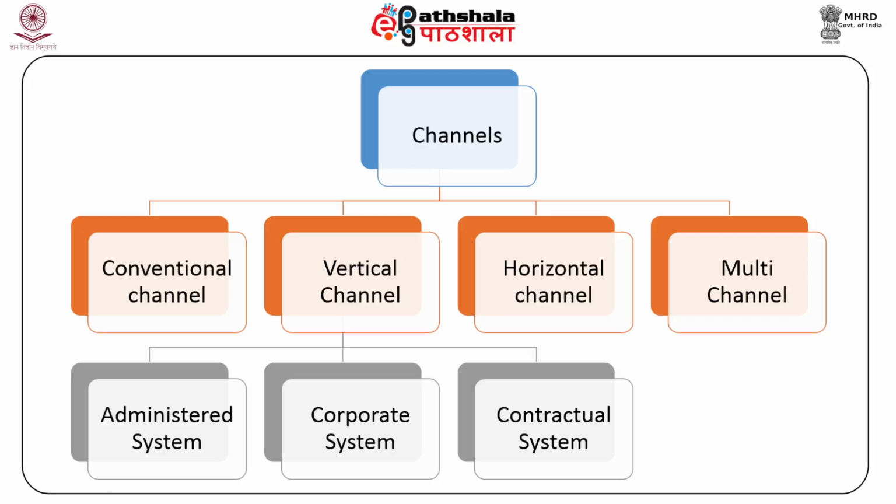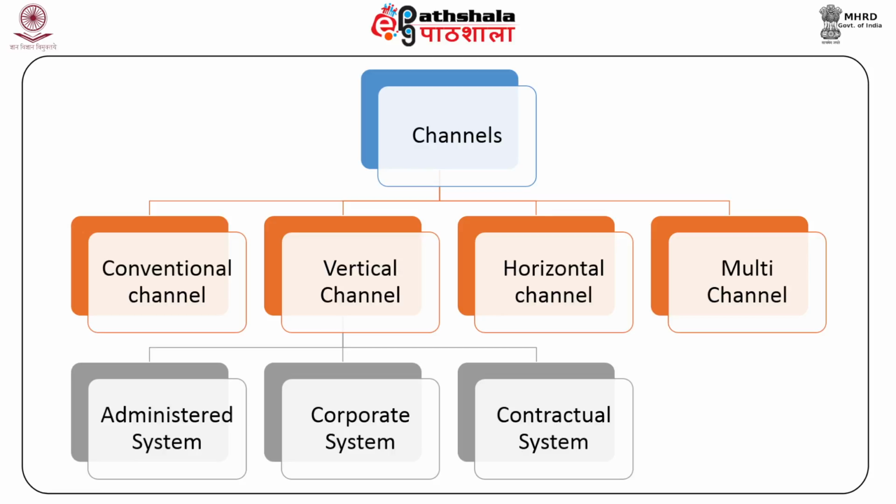Vertical marketing channel. A vertical marketing system is a unified system comprising producers, wholesalers and retailers. This channel emerged due to various deficiencies in the conventional channel.